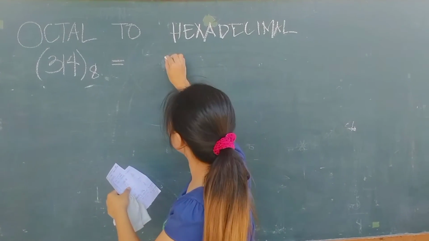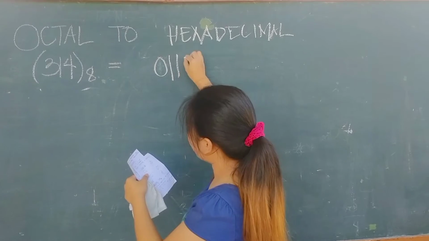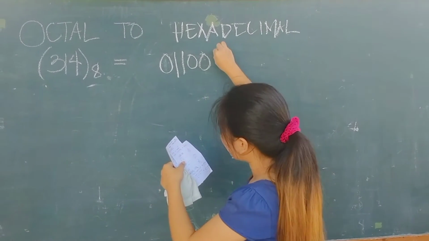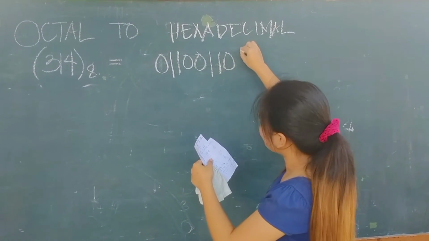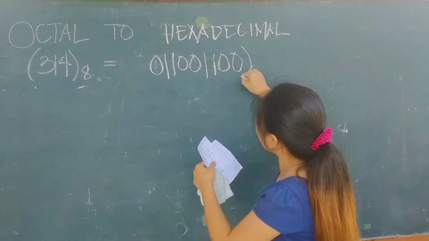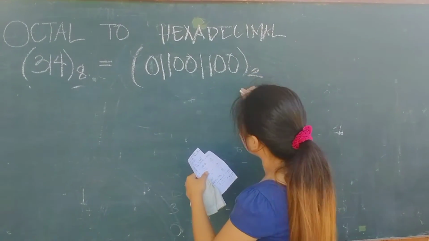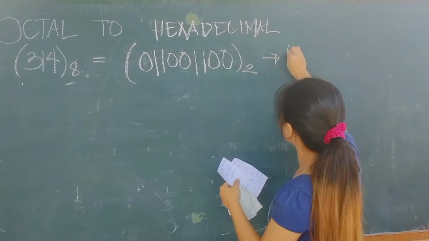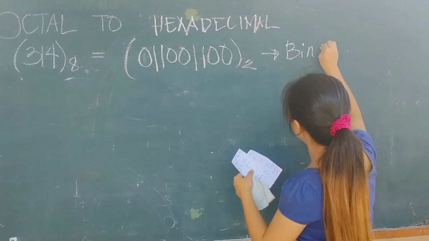Therefore, the answer is 0, 1, 1, 0, 0, 1, 1, 0, 0 base of 2. It is the binary.